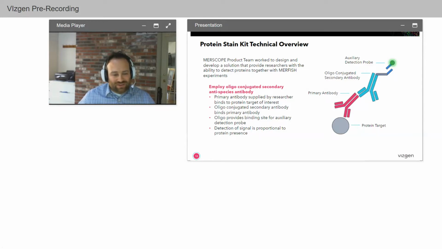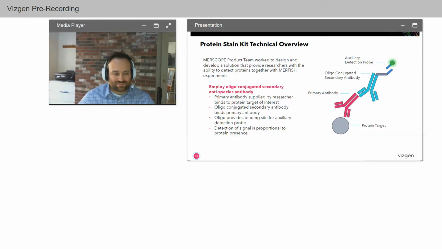This oligo contains an encoding probe with a detection probe binding site. When we get to the round of detection, the complementary sequence on that detection probe will bind to the detection probe binding site on the back end of the oligo, and the fluorophore, which is attached to the detection probe, will then show signal that is proportional to the presence of the protein.